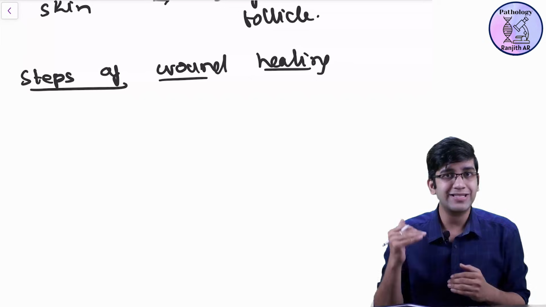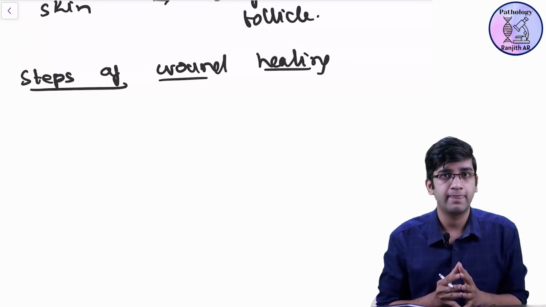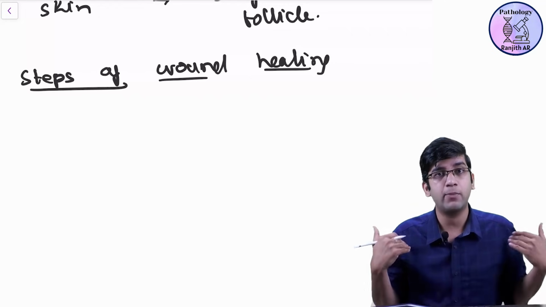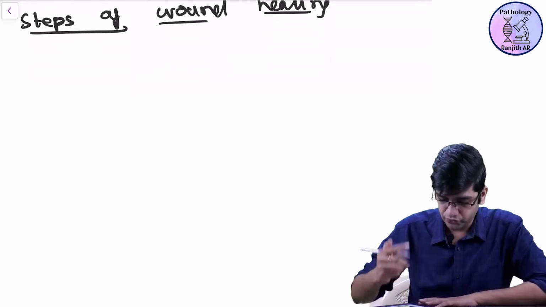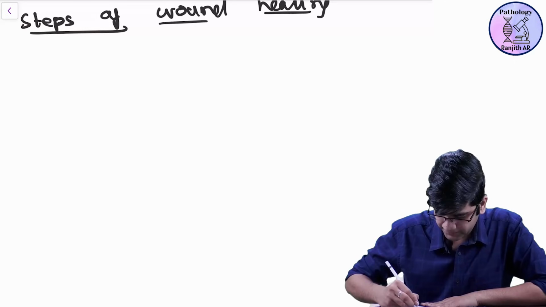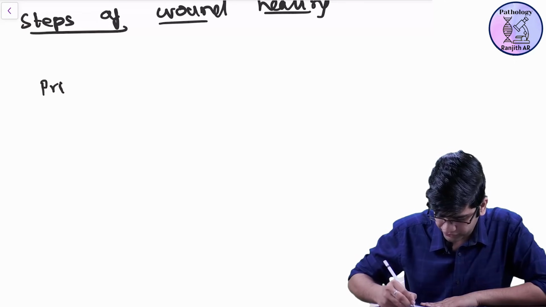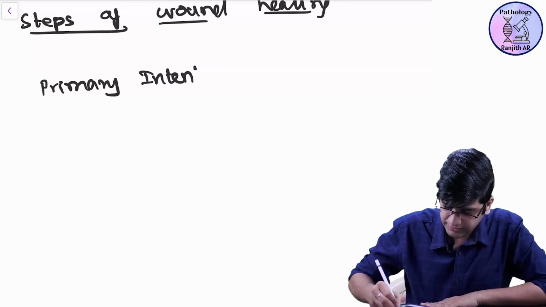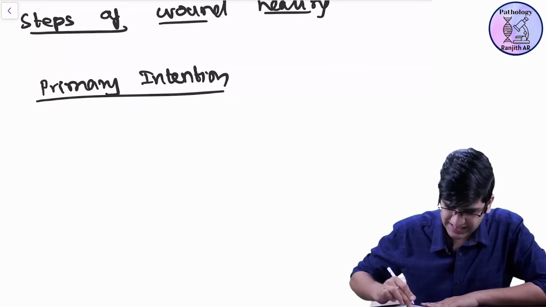Both will have more or less the same thing overall. But there will be tiny changes based on the duration and based on the amount of scar tissue formed, right? So for our ease, we are going to learn healing by primary intention, or first intention, so that it's easier for us.